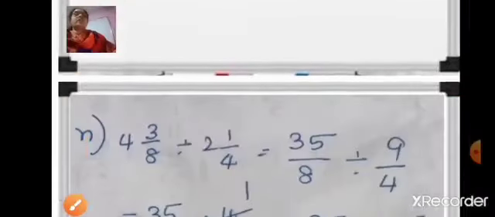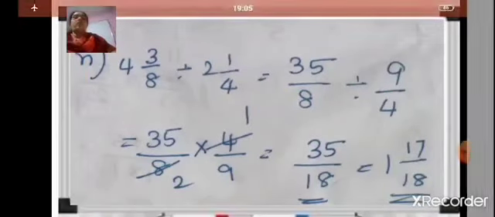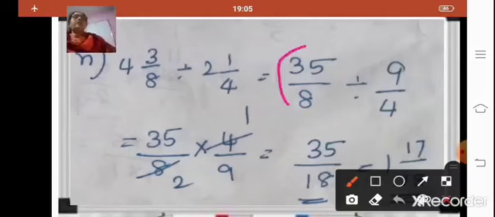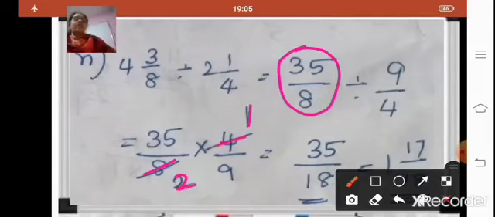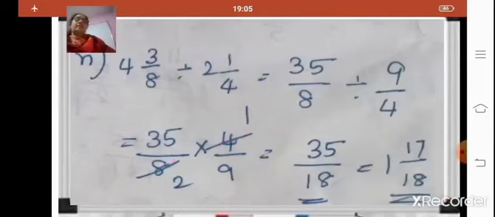Just check your answer with this. 4 whole 3 upon 8. You have changed it into an improper fraction, and then using the multiplication sign, write the reciprocal of 9 upon 4. So 4 2s are 8, 4 1s are 4. Okay, 35 upon 18. When you divide it, your answer will be 1 whole 17 upon 18.